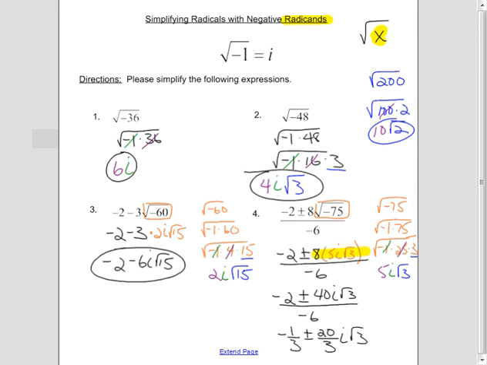This is just a little intro in how to deal with imaginary numbers while dealing with negative radicands. You'll see examples of doing operations with i elsewhere. This is kind of a very basic way of addressing them by introducing them with the idea of a negative radicand. So feel free to rewatch and practice, and I hope this was helpful.